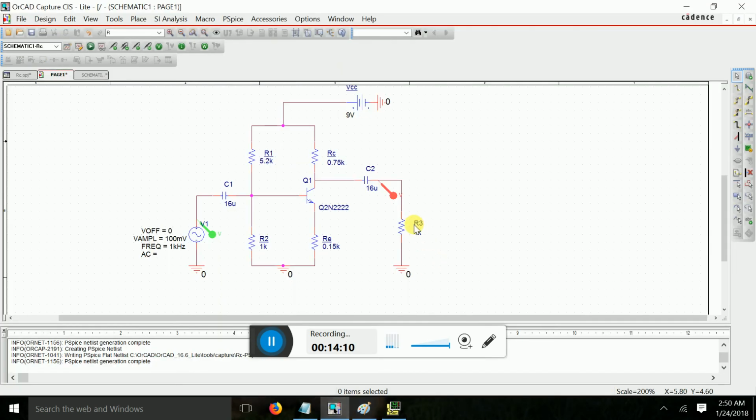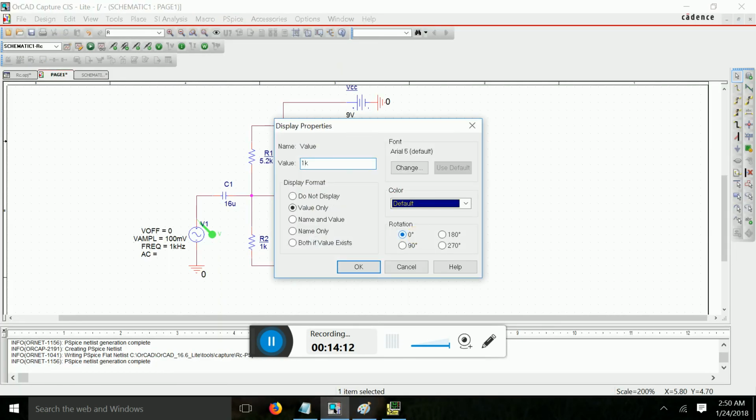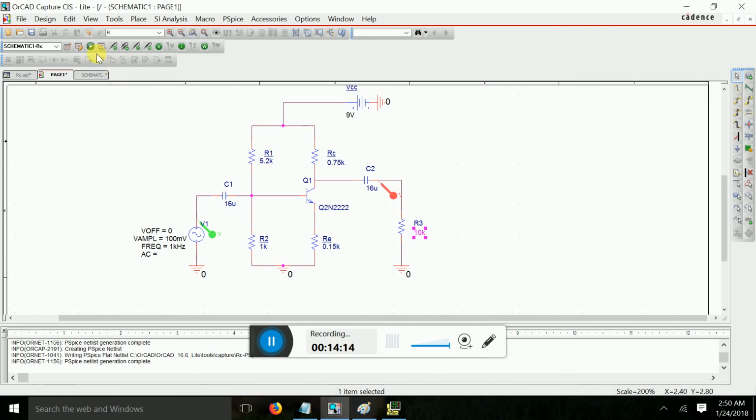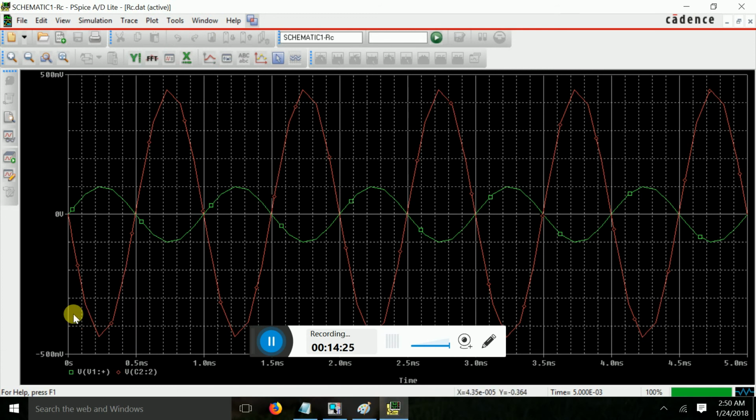You just have to change the resistance across here, and if you run it again, you will find the graph will be like this. Now it is nearly 500 millivolts, sorry, the gain is nearly 5.